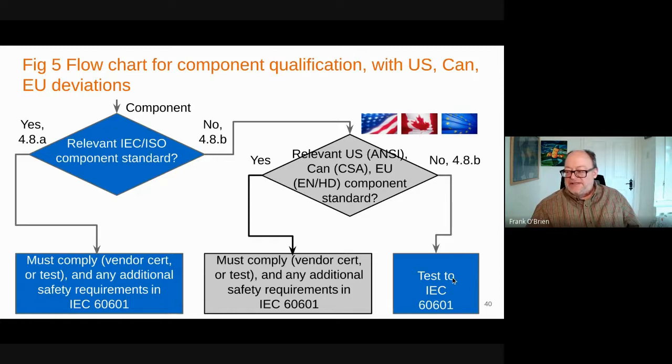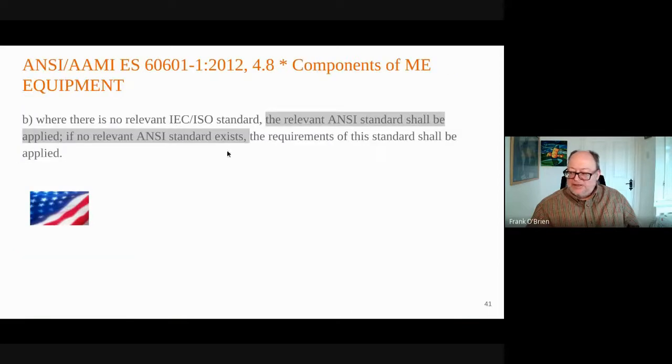And if there isn't, then just do the general standard, okay? So I should show you that this is true, the gray. So here's what the Americans do in 4.8. The relevant ANSI standard shall be applied; if no relevant ANSI standard exists, the requirements of this standard. So the gray is what the Americans added to B.